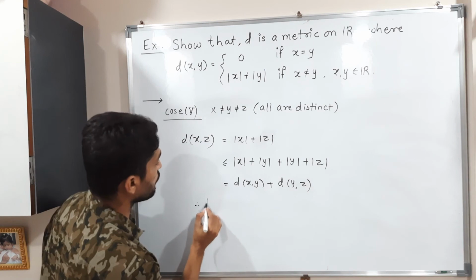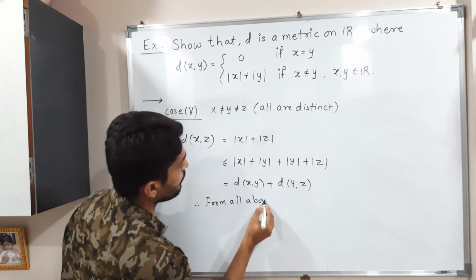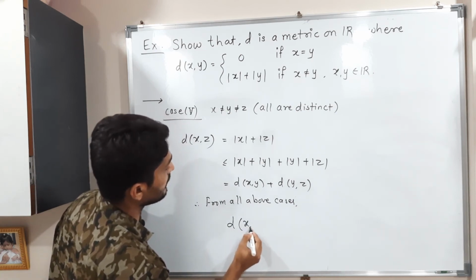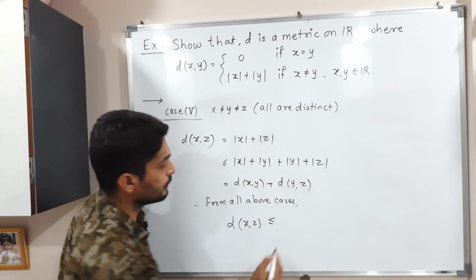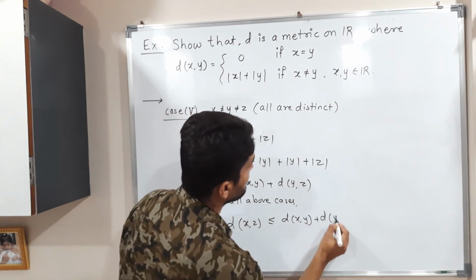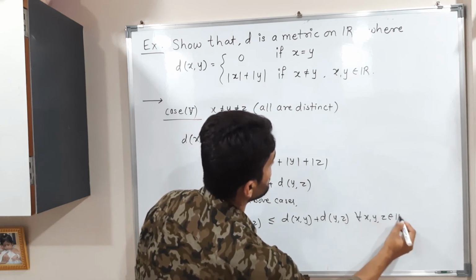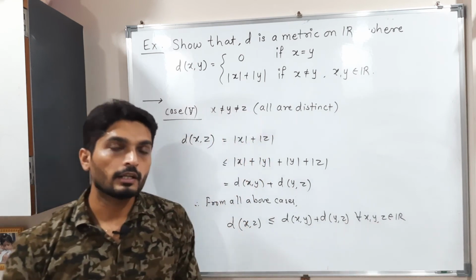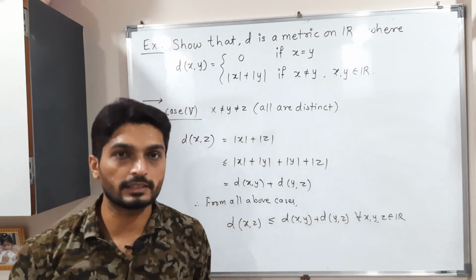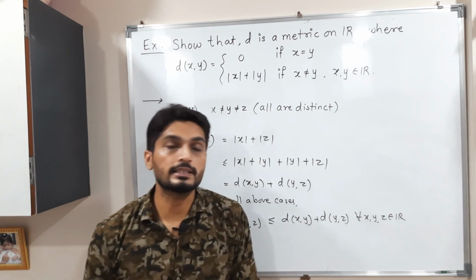From all above cases, we get d of xz is less than or equal to d of xy plus d of yz for all x, y, z belonging to R. That means in few cases we get equality, in few cases we get inequality. So finally we combine all these things and we get less than or equal to. So in this way our d satisfies the last property also.